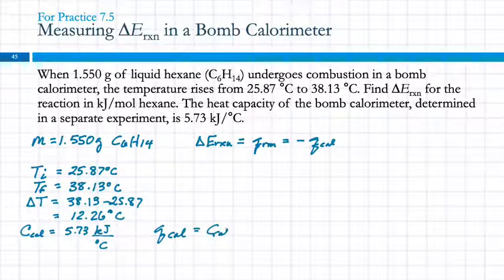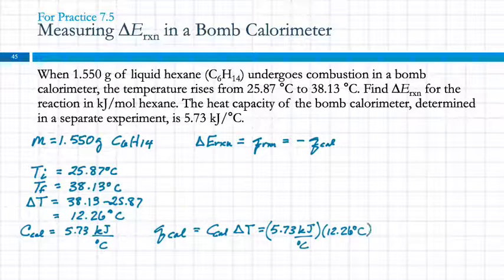It's the heat capacity, or the calorimeter constant, times the change in temperature. So 5.73, that's not a 7, 73 kilojoules per degree Celsius times 12.26 degrees Celsius. The degrees Celsius cancel out.